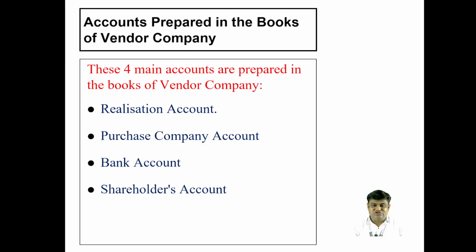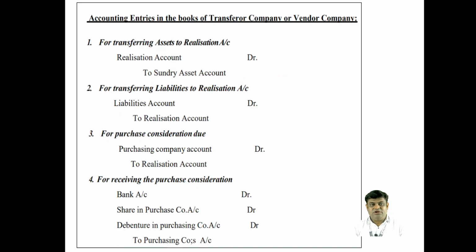Along with that, the cash or bank account is also maintained. Then the shareholders account is maintained. Finally, all the adjustments, or the process of absorption, come to an end in the shareholders account. When the shareholders account is closed, then the absorption process gets completed.